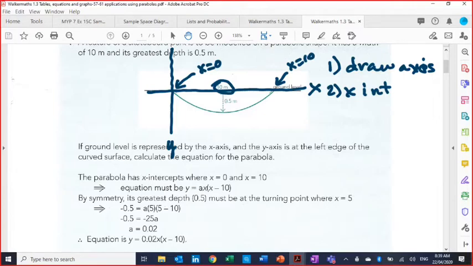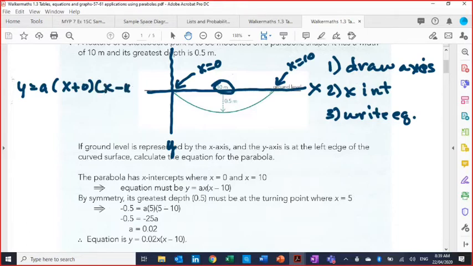Right? So I know that I can write the equation of this parabola. It's just y equals a times, the first one is (x plus 0), and I'll clean that up in a minute, don't worry. The second one is going to be (x, not plus 10, but minus 10).